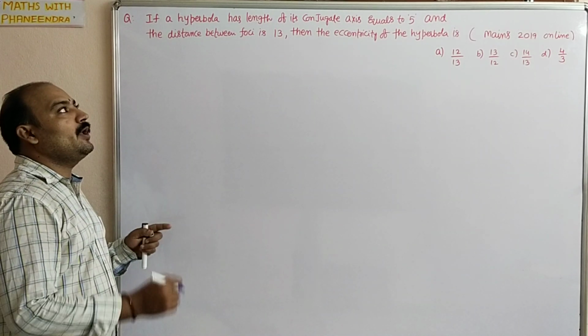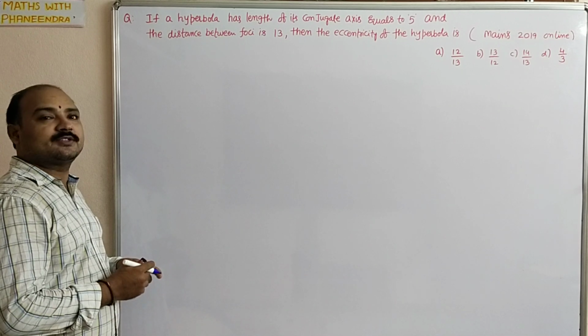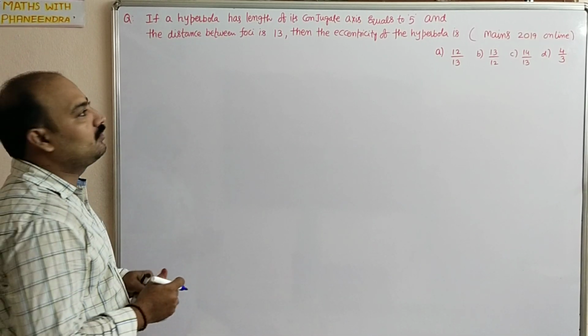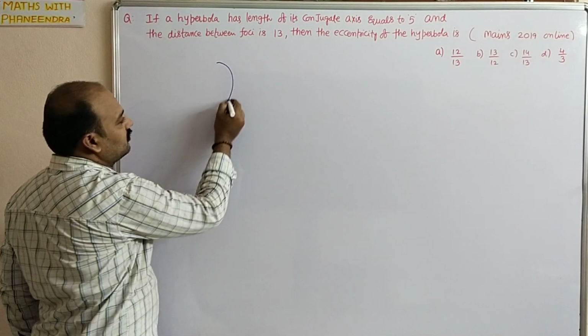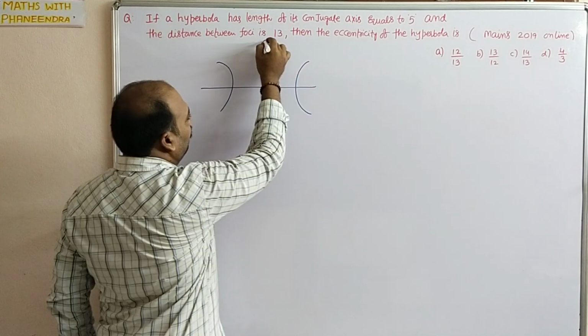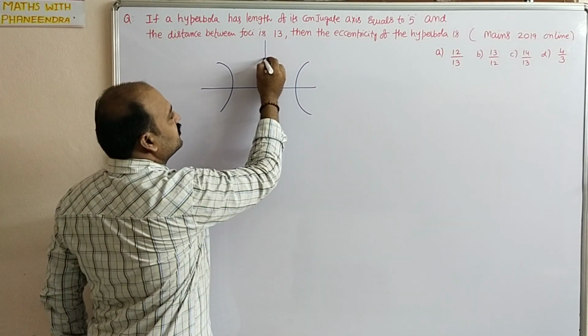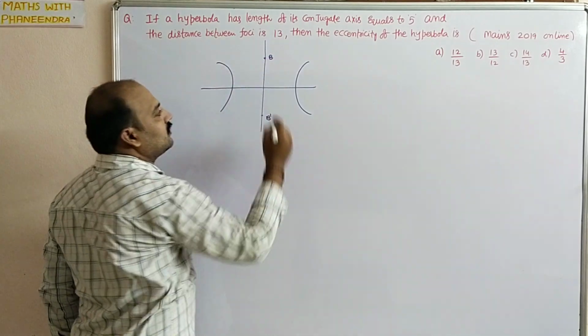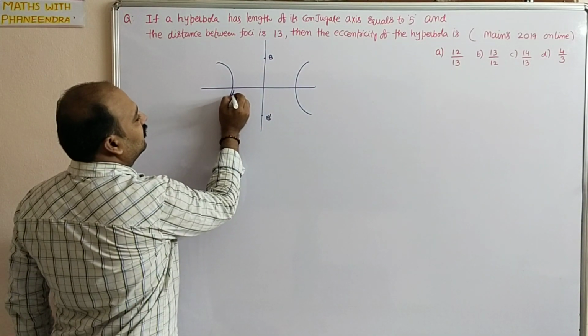If a hyperbola has the length of its conjugate axis equal to 5. This is the figure. Conjugate axis means the imaginary axis here. This is B dash. This length is given.